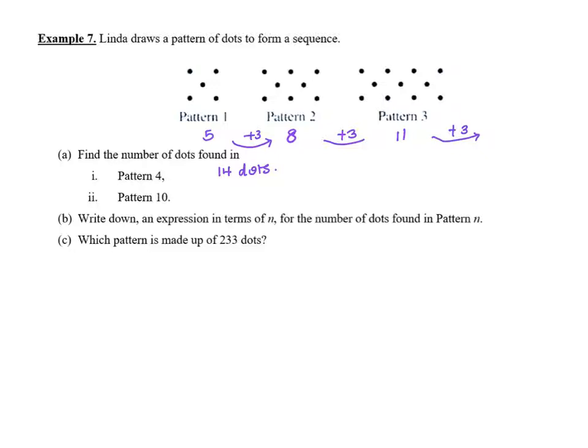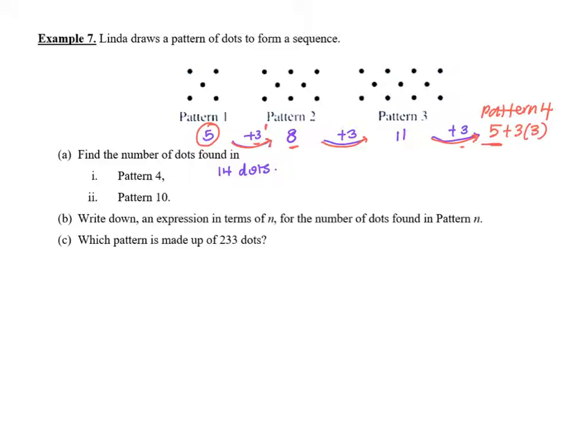And in order to find pattern 10, let's analyze the pattern a little bit. When it's pattern 2, I add 3 one time. When it's pattern 4, I add 3 three times to 5. So I'm taking 5 and adding 3 three times for pattern 4.